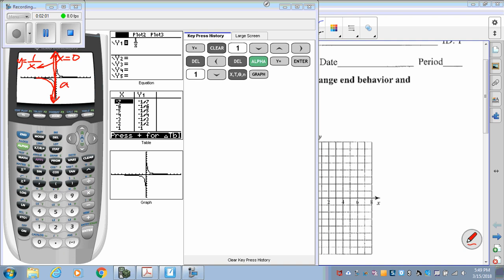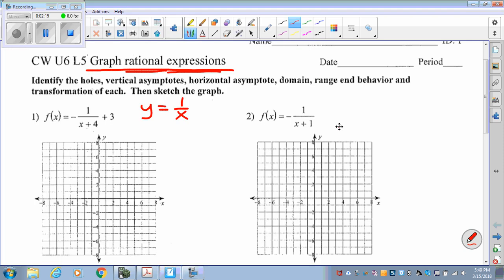All right, so that is called an asymptote. It's a vertical asymptote because it's going up and down. That happens anytime I'm trying to divide by 0. All right, and that is this here, vertical asymptotes.